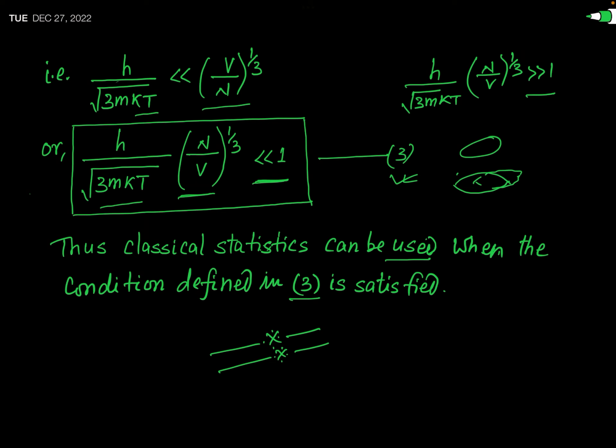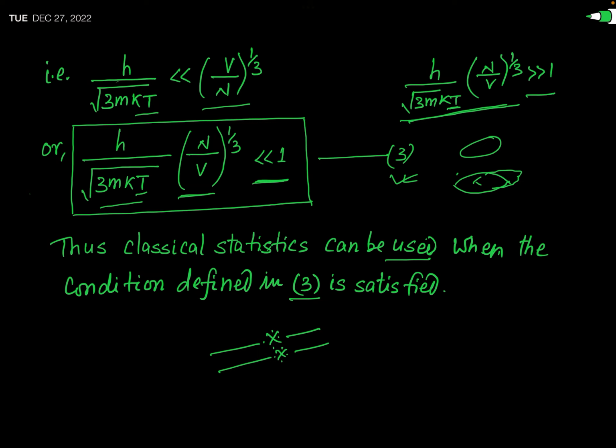As you can see from this expression, this number depends on the value of temperature T. I have told you that temperature T should be very large, because only when T is very large will the number on the LHS be very small. But if our gas is at low temperature, it means T is small, and in that condition the number on the LHS will be very large, much larger than 1.